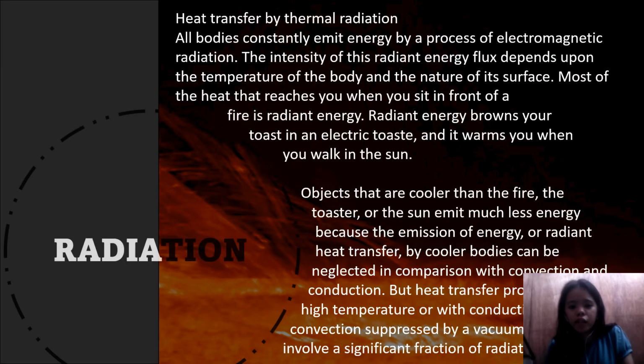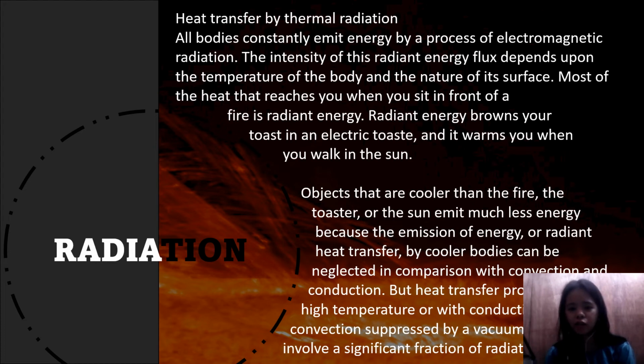So, radiation: heat transfer by thermal radiation. All bodies constantly emit energy by a process of electromagnetic radiation. The intensity of the radiation, the rate of this radiant energy flux, depends upon the temperature of the body and the nature of its surface. Most of the heat that reaches you when you sit in front of a fire is radiant energy.